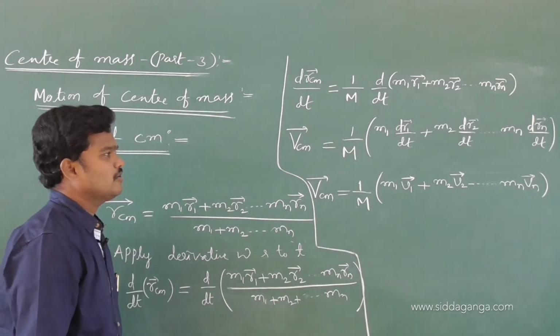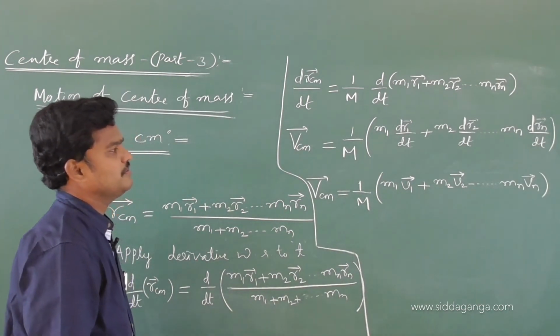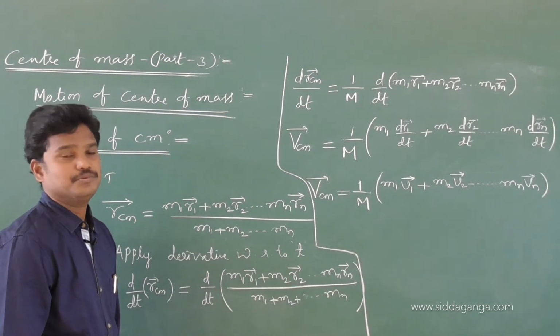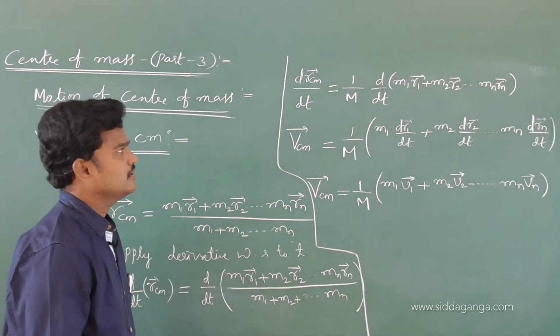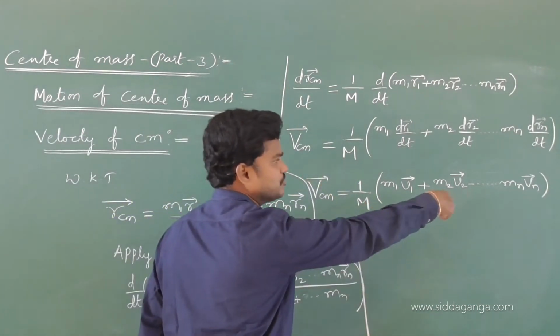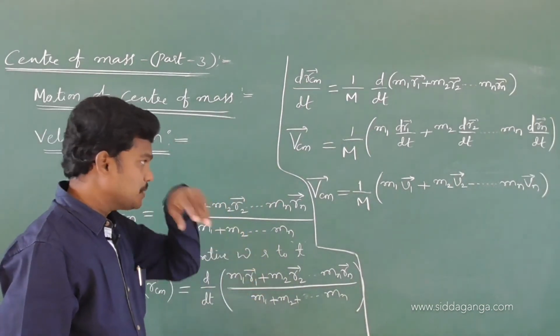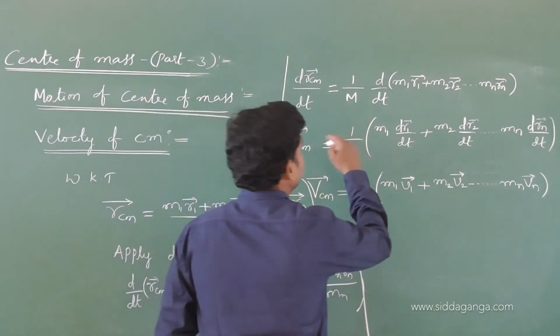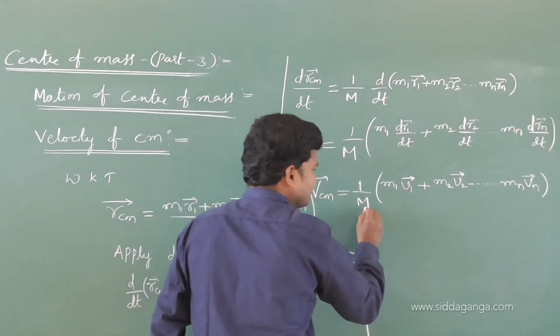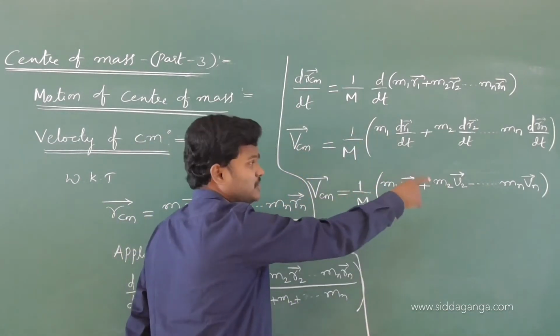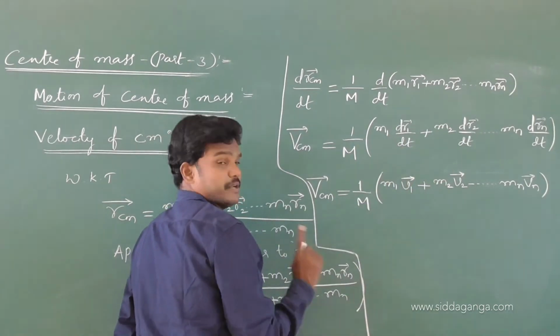So I got velocity of center of mass as m1 v1 plus m2 v2, so on mn vn, by this M, which you can write as m1 plus m2 plus m3, so on mn. So like xcm, I got the same thing.